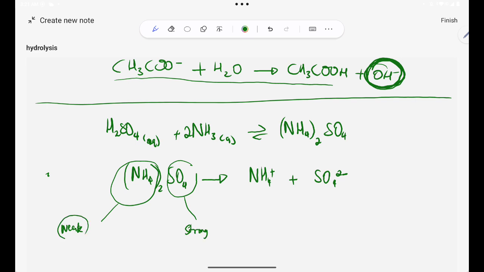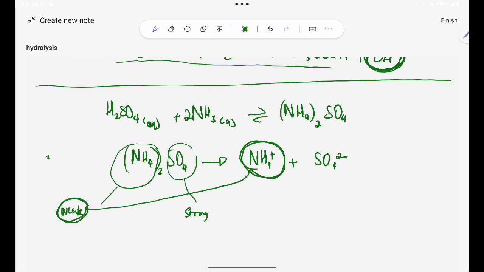So the weaker substance will always give us a strong conjugate ion. In this case, the ammonium ion is stronger than the SO4 2 minus, because the ammonium ion comes from a weaker substance and the sulfate ion comes from a stronger substance.